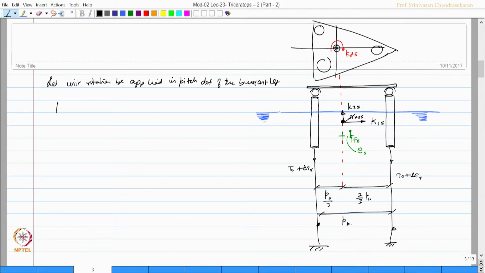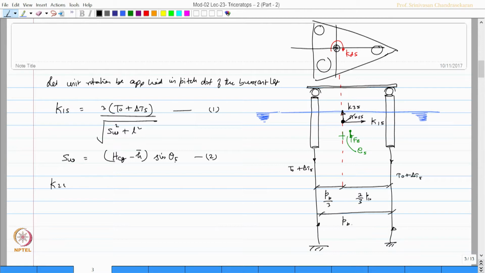K 15 is given by T 0 plus delta T phi, there are 3 such legs, divided by the square root of S u d square plus L square, which I will call equation 1, where S u d is H CG minus H bar of sin theta phi.